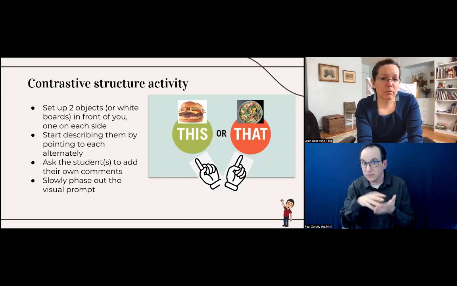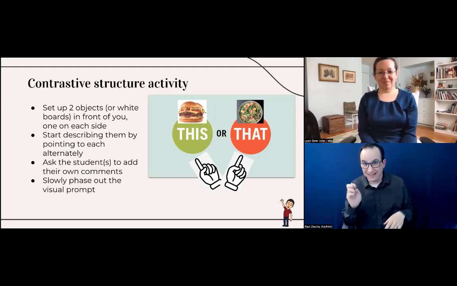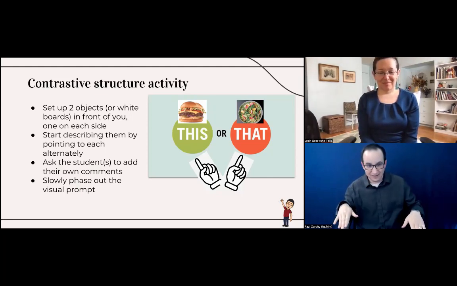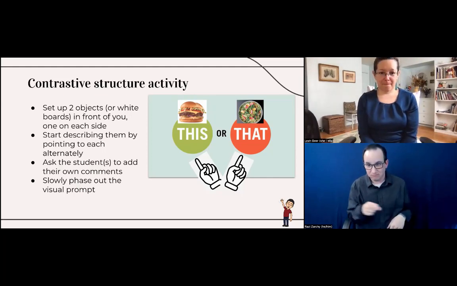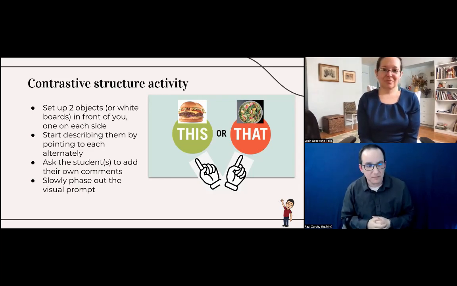I've done this activity with high school students, and I'll use 2 small whiteboards that I have. I have them on my knees, actually, and I'm pointing back and forth to each thing. It's hard to balance whiteboards on my knees, but I've got it. And then I'm able to remove them. And the students pick up on that quite fast.